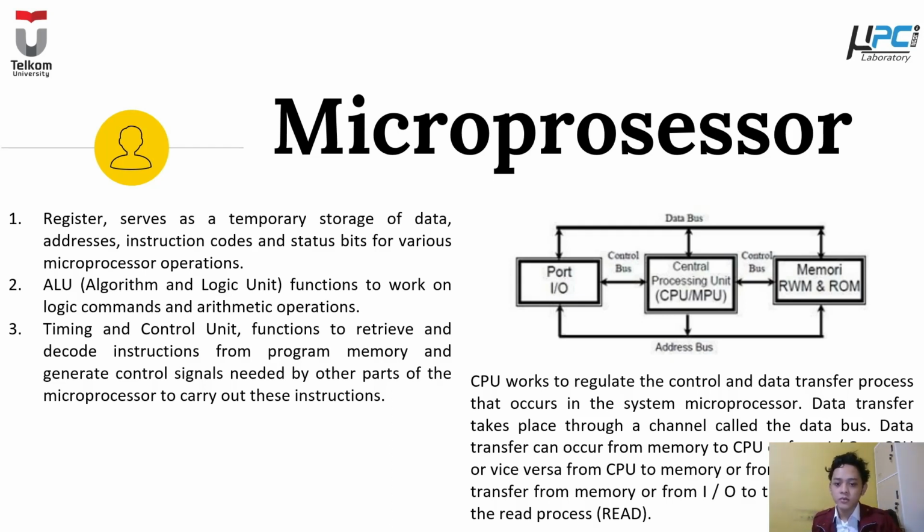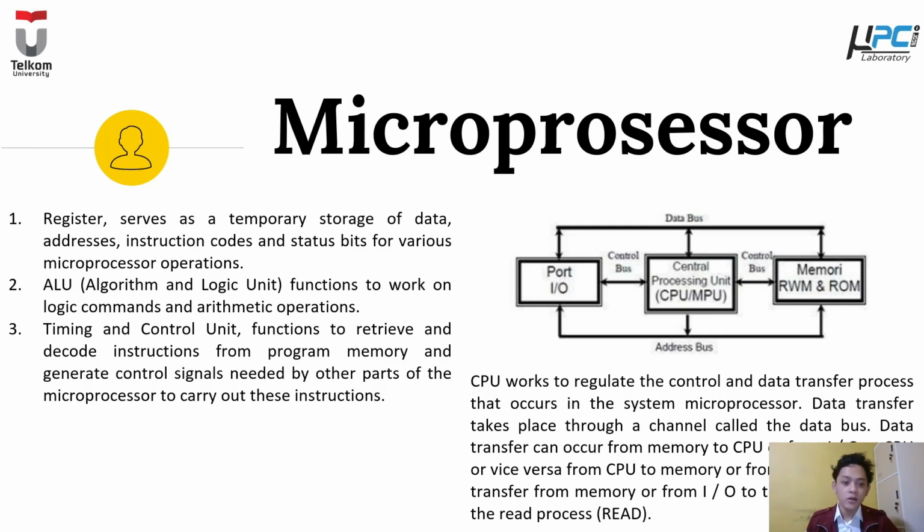ALU functions to work on logic commands and arithmetic operations. The third part is Timing and Control Unit. It functions to retrieve and decode instruction from program memory and generate control signals needed by other parts of the microprocessor to carry out this instruction.